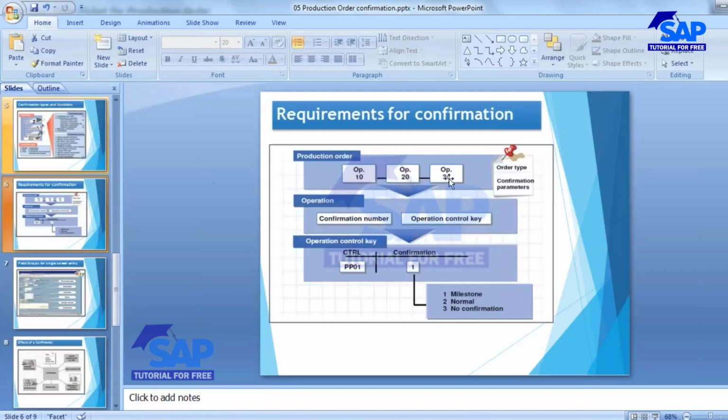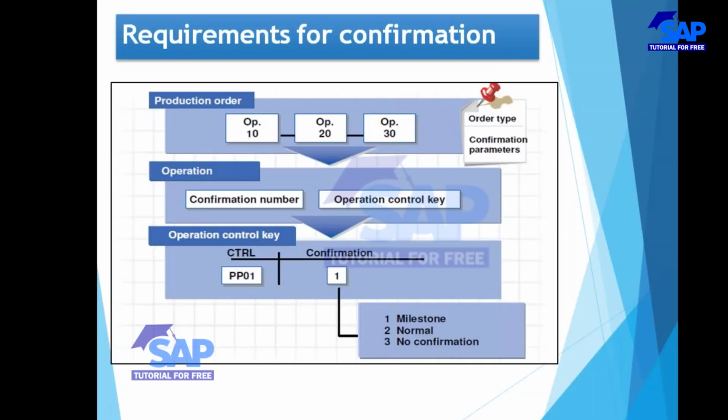So this is how we discussed. To confirm a production order, you need to have these prerequisites. You need to maintain them for the order type. There are some confirmation parameters that need to be maintained in the configuration, which we will discuss during our configuration part.